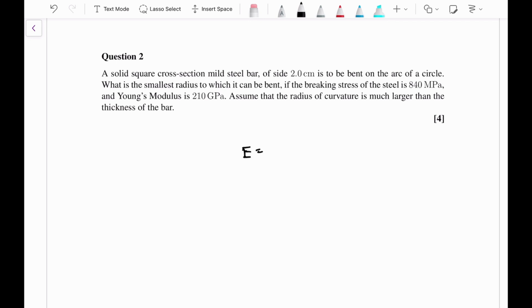So Young's modulus is equal to F over A times L over X. Looking over here, F over A is basically just pressure, which is the breaking stress. But we actually don't know the length of the steel bar, we don't know L nor X.